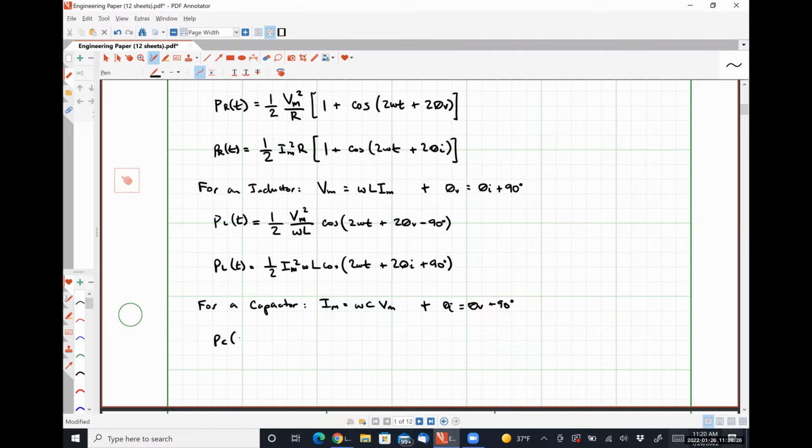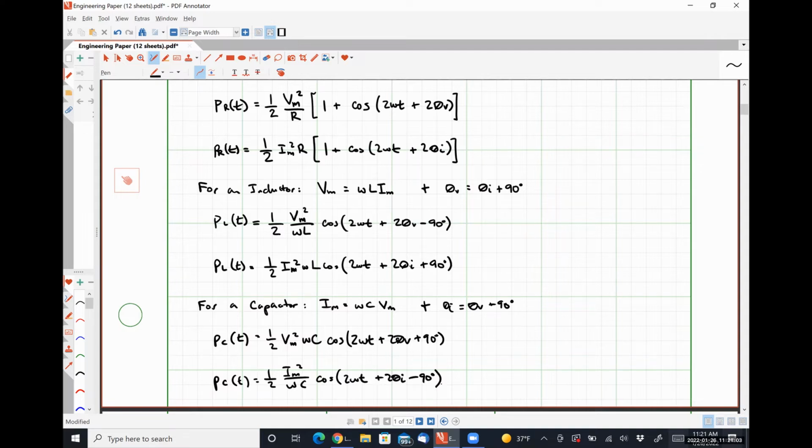And from this, the instantaneous power absorbed by a capacitor is 1/2 Vm squared omega c cosine twice omega t plus twice theta v plus 90 degrees, or 1/2 Im squared over omega c cosine twice omega t plus twice theta I minus 90 degrees.